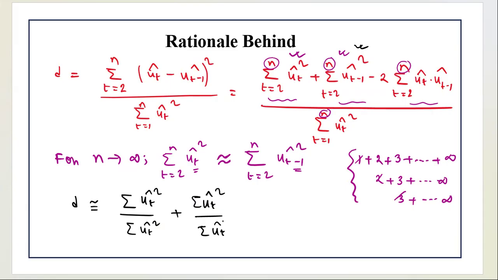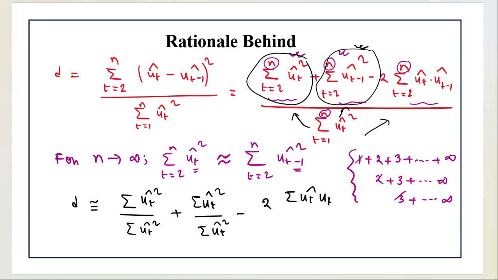So I'm basically applying this denominator to each of these terms, right? What I'm saying is that this term and this term are approximately equal, so you can replace summation ut minus 1 cap square by summation ut cap square. And the last term will remain as it is: ut cap ut minus 1 cap upon summation ut cap square, right?